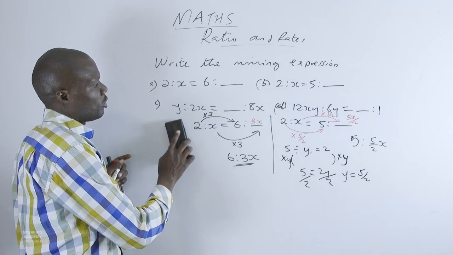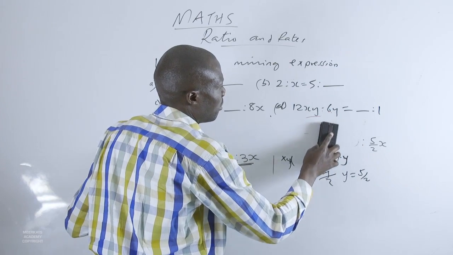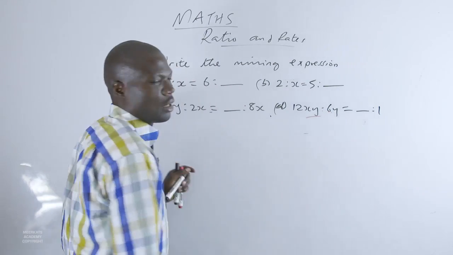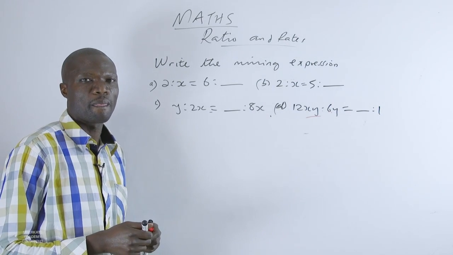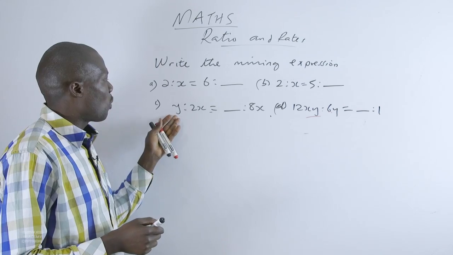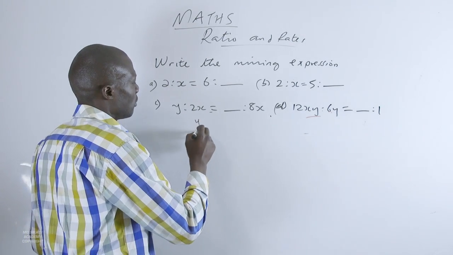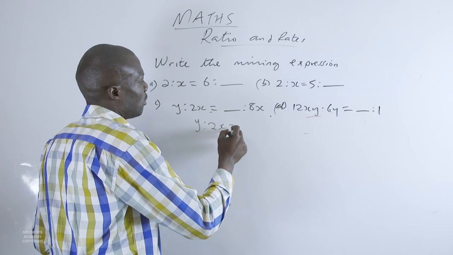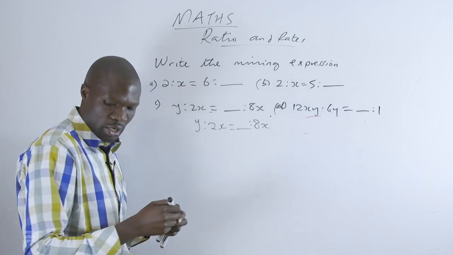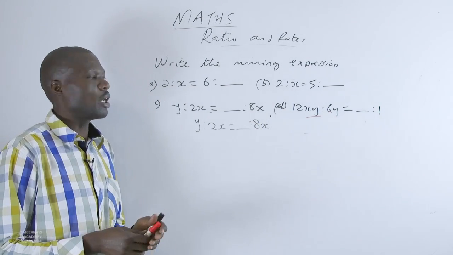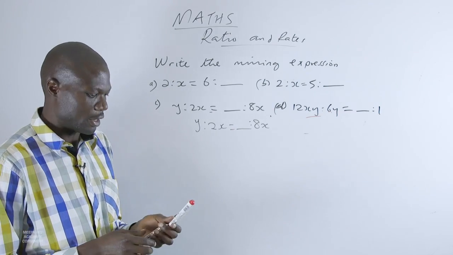Let us come to 2 pronumerals. Y to x, y to 2x. Y to 2x is equal to dash to 8x.